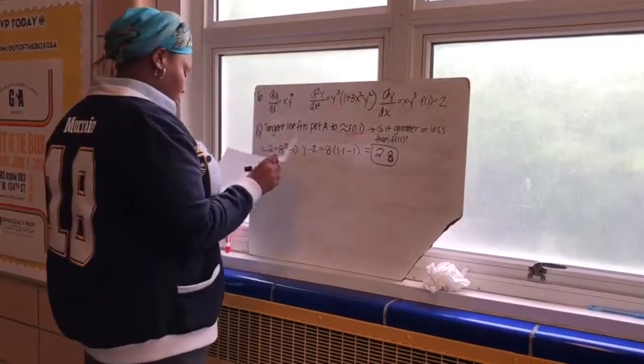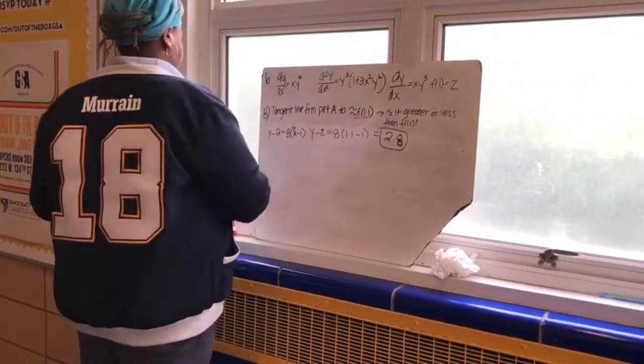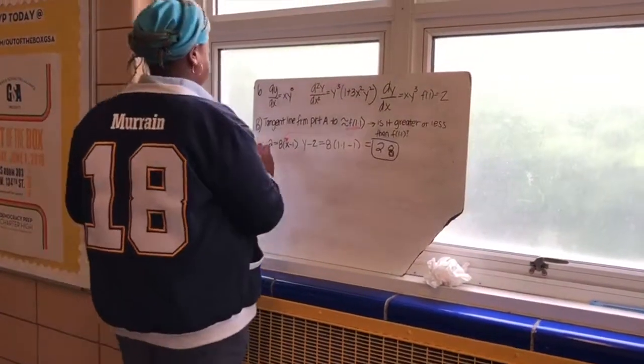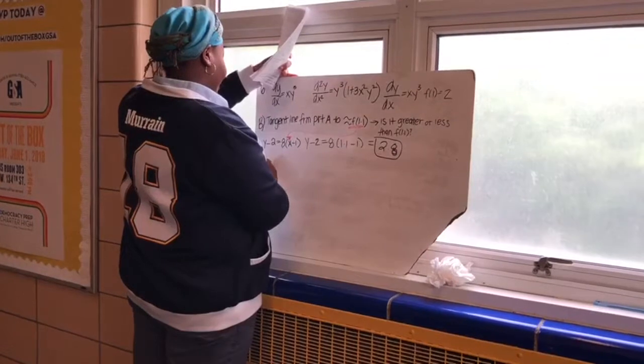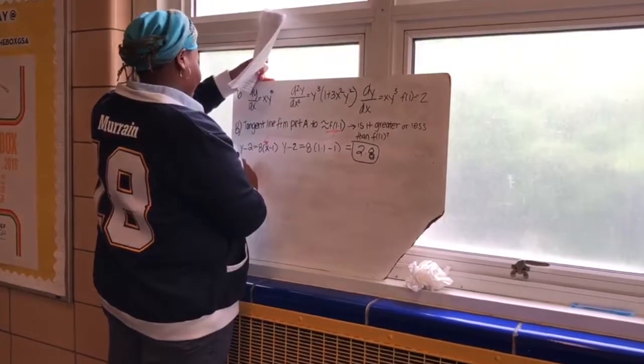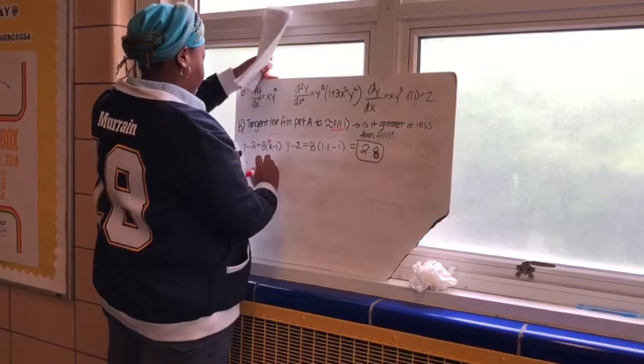The question also asks to see if the approximation for f of 1.1 is greater than or less than f of 1.1. In order to find if it is greater than or less than, we have to look at concavity, which is also known as the second derivative.